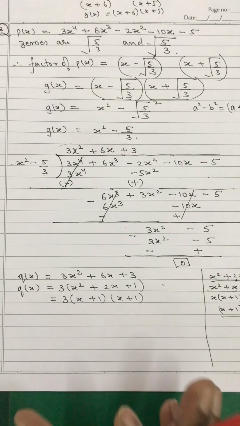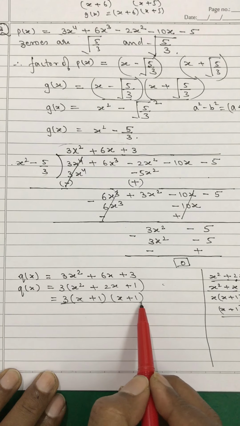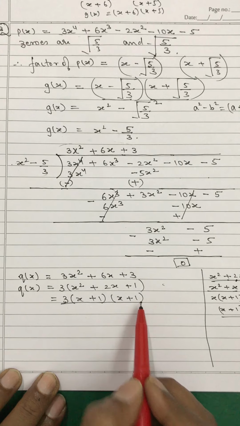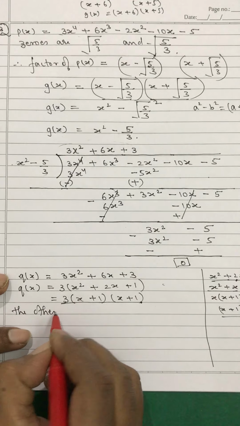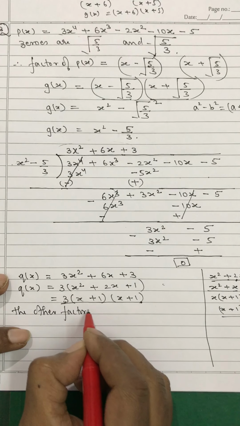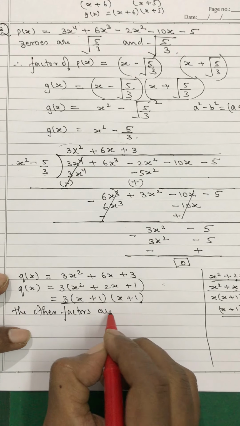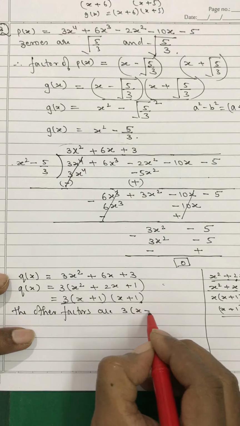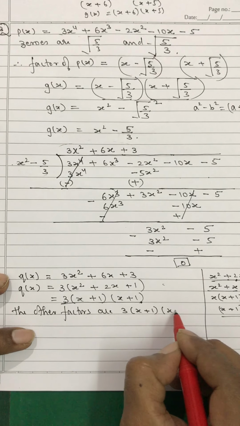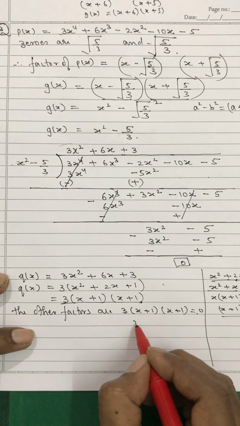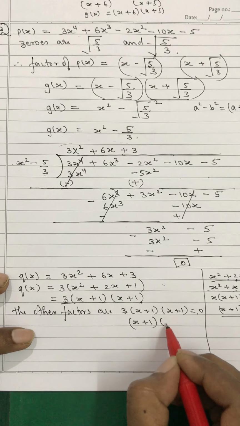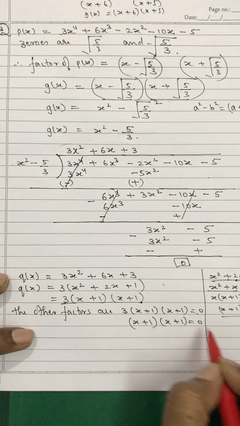Now to find the other factors, I have to find the zeros of this. So the other factors are 3 into x plus 1 into x plus 1. This should be equal to 0. So 3 goes over there and it becomes x plus 1 into x plus 1 equal to 0.